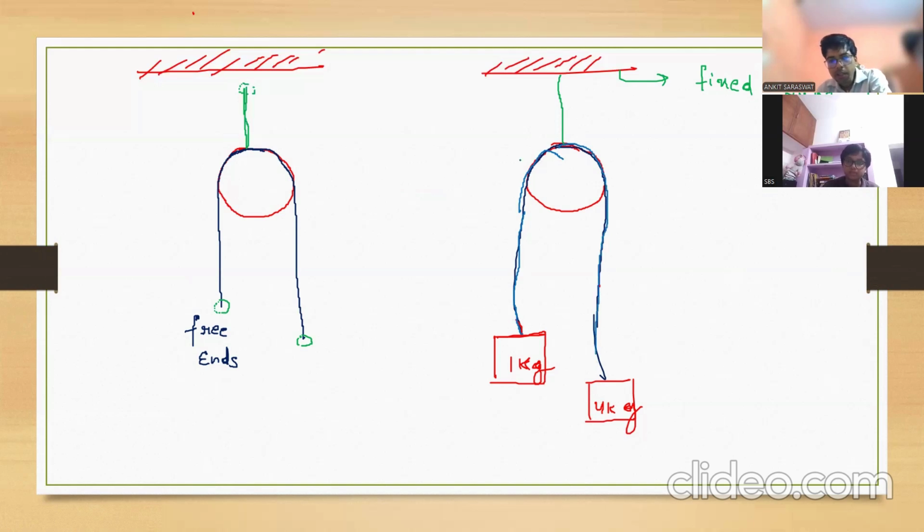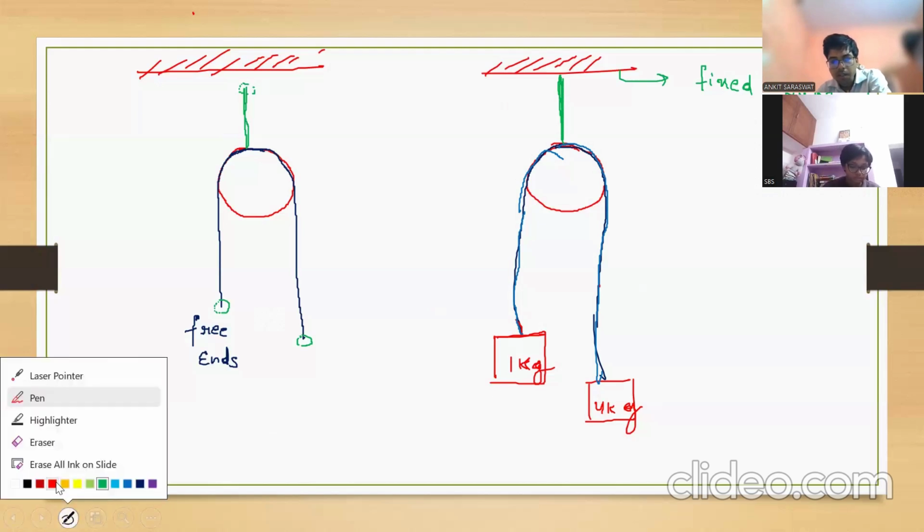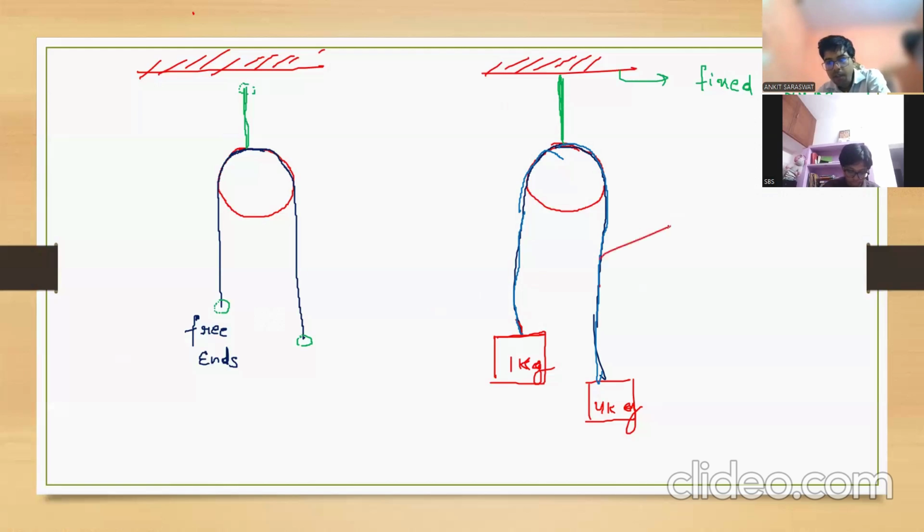There is one more string which is connecting this pulley with the fixed support. Can you check? Yes, sir. Now if nothing is given, always take both strings as inextensible massless strings.